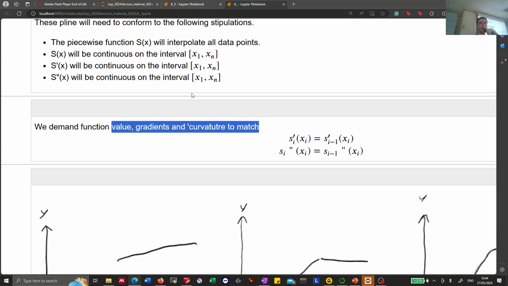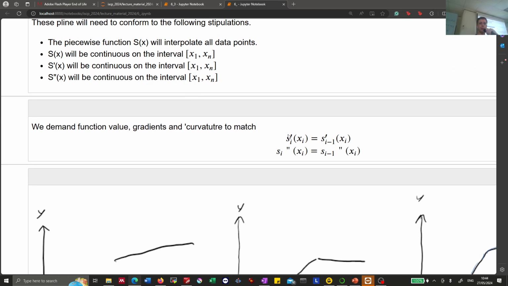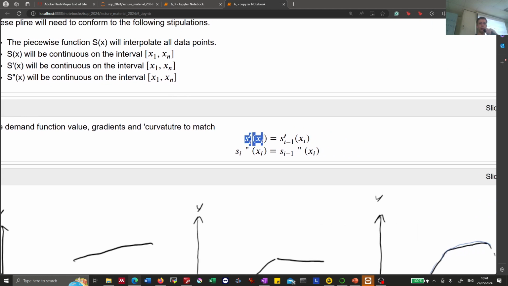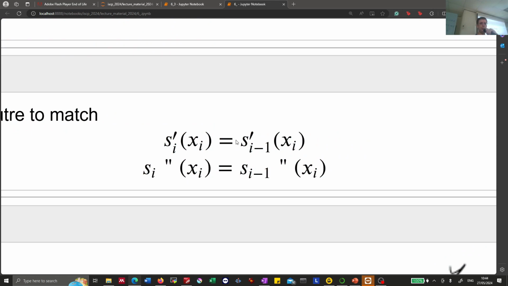Now, when I demand these things, I actually can express this in a system of equations, saying matching derivatives, values, and curvatures at the interval boundaries. So I demand that the derivative for Si at a certain place, or at the end of the interval, is the same as for the previous segment at the same position.